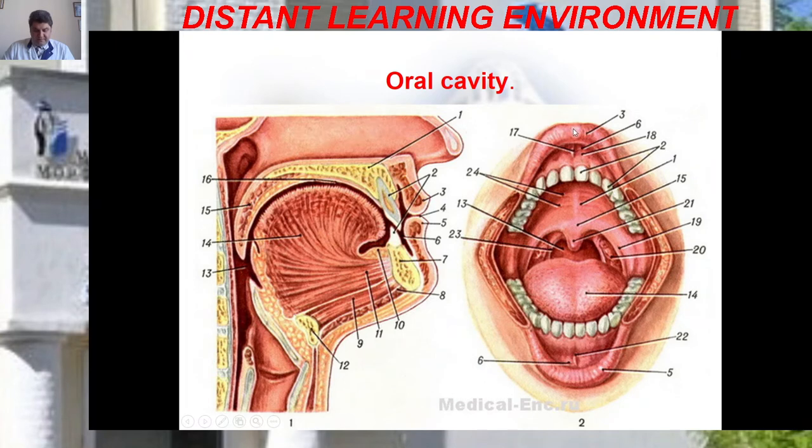Lips or labia are fibers of the orbicular muscle of the mouth, covered on the outside by the skin and lined inside with mucous membrane. You may see also frenulum of superior and inferior lips.